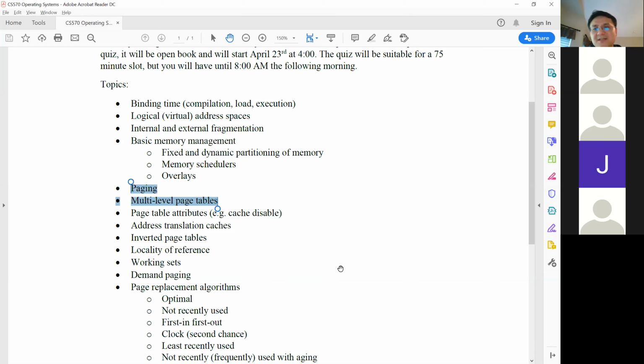With a particular page size, how many entries would you have for a page table? And then you need to do some translation from a virtual address to a physical address. You guys did that in the assignment as well as in the programming, so you need to be proficient in that.